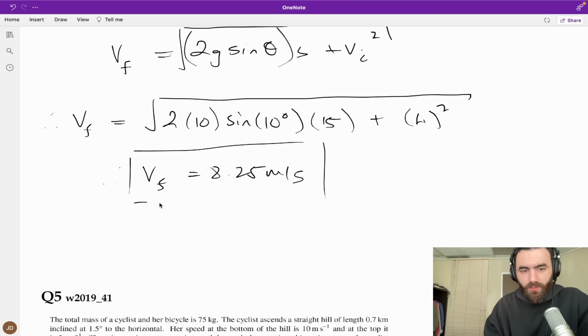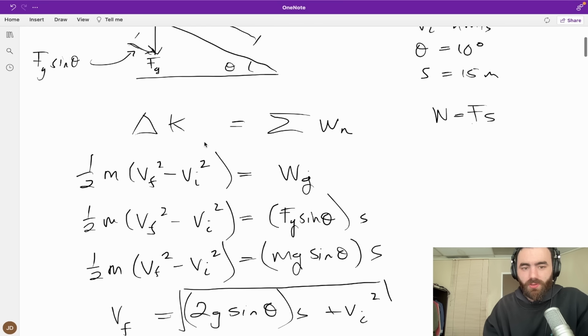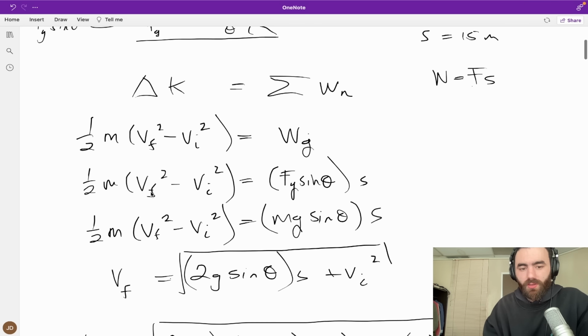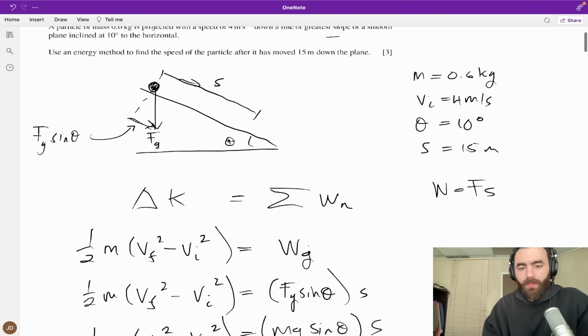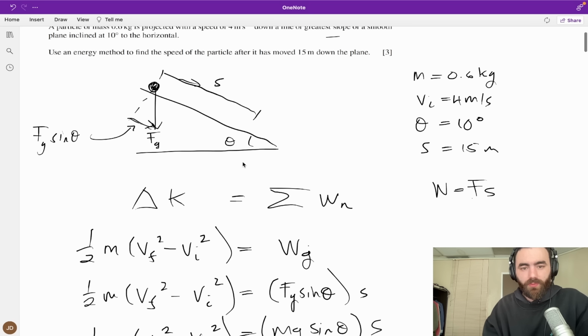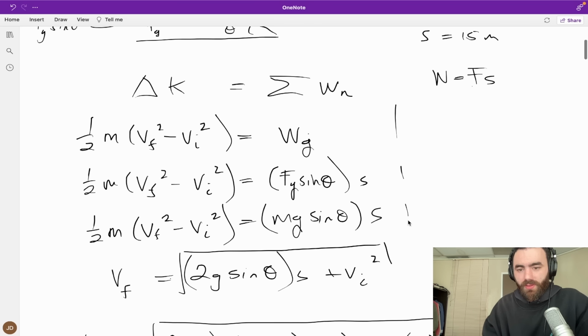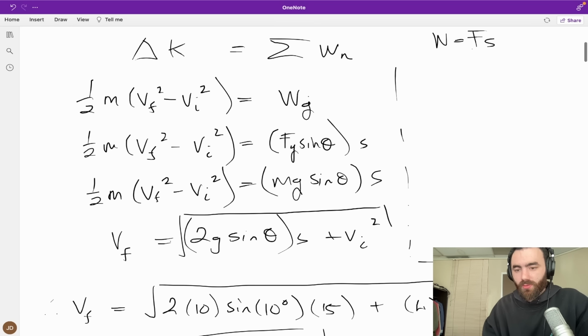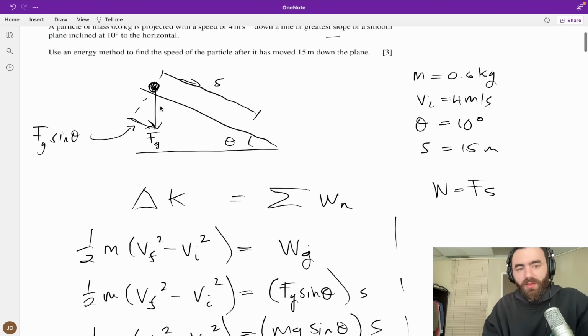So that was through using this equation, and it might have been a little overkill here to do all this, but if it gets more complicated, like in the next question, this equation is very useful. Another way you could think about this is, because a lot of the time they do it in the answers like this: well, the kinetic energy of this particle is increasing, right?